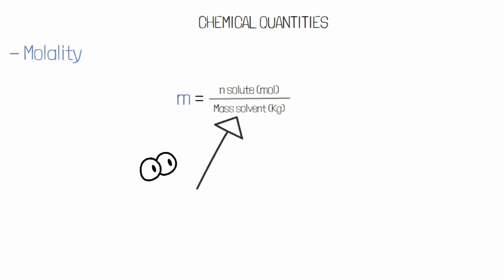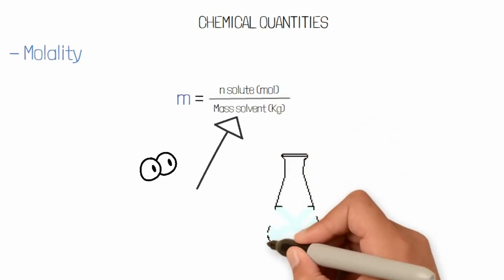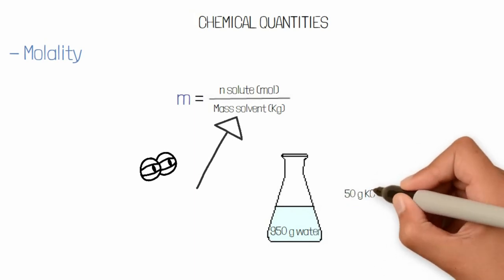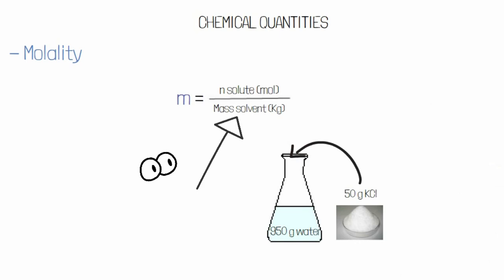Let's imagine we have our Hermès flask as usual, in which we have our water. And then we also have 50 grams of KCl that we pour inside 950 grams of water. So how do we calculate the molality of this solution?